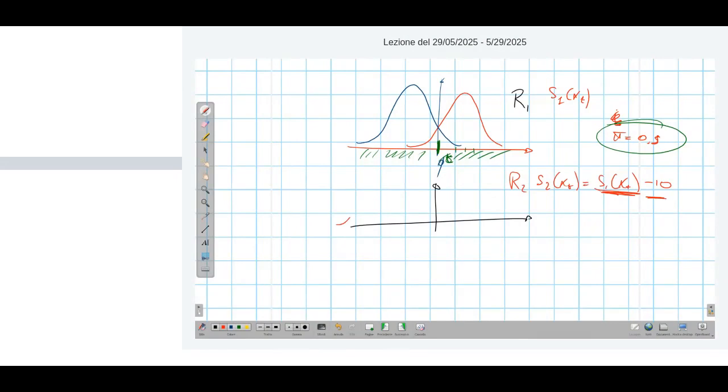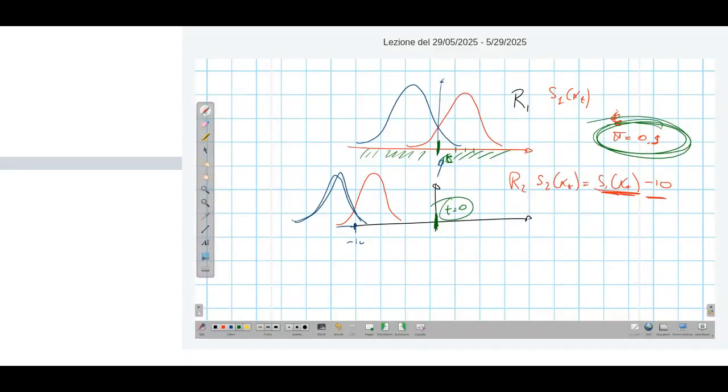Which means that if I look at the true class scores and at the false class scores, they will have the same shape as before, but now will be located around minus 10. If I threshold with 0, I'm not getting the same decisions. Especially when I threshold with 0, which says the prior probability for the two classes is the same, I will wrongly classify all points from the red class, and all the points from the blue class will be correctly classified.